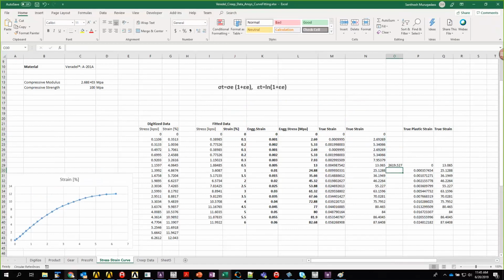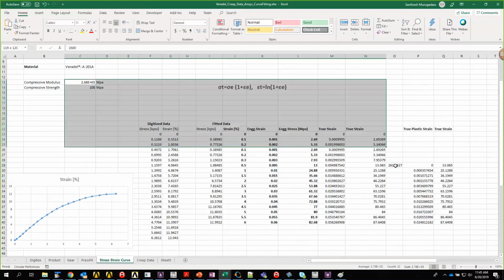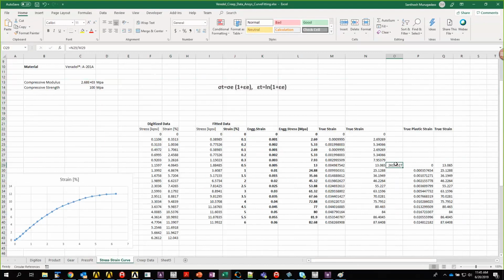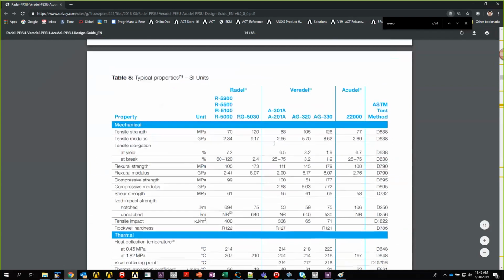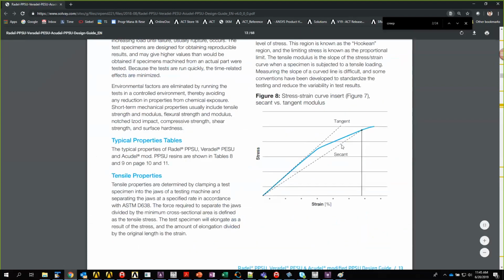The value given in the spec sheet is 2680, and we get 2618. This is approximately okay. We can go ahead with this because there is a difference between the secant and the tangent modulus.